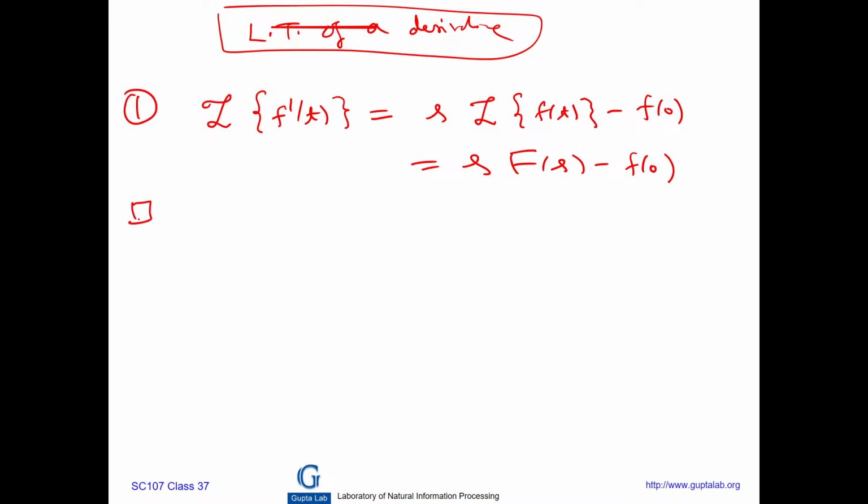चलो मैं ही कर देता हूं तुम्हारे लिए. Laplace transformation of f dash of t is equal to integral 0 to infinity e raised to power minus st f dash of t dt.